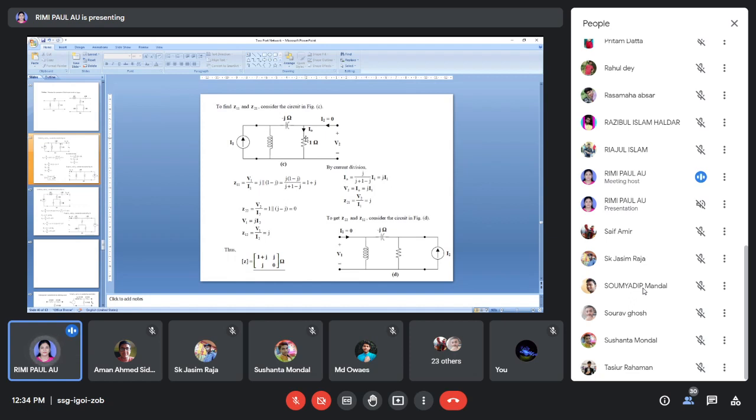Otherwise you can apply the mesh method. Considering that two voltage sources are present, apply currents here. Due to this voltage source, current will flow in this way, and due to this voltage source, current will flow this way: I1, I2 and I3.